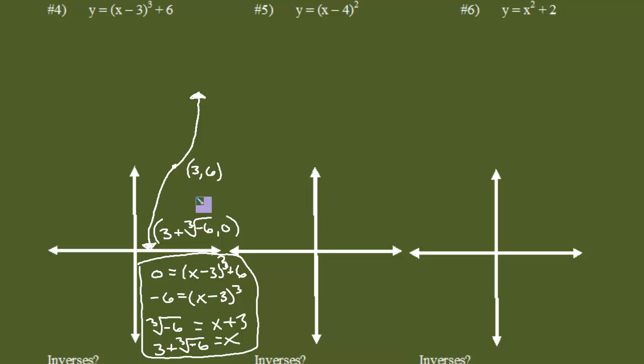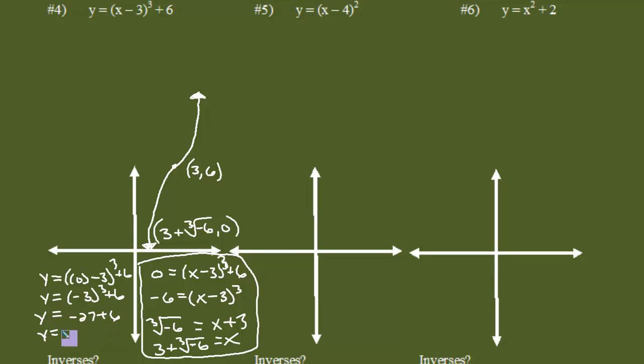The y-intercept for this function, I'm going to put 0 in for x. It's going to give me a negative 3 cubed, which is negative 3 times negative 3, which is positive 9, times negative 3 is negative 27.